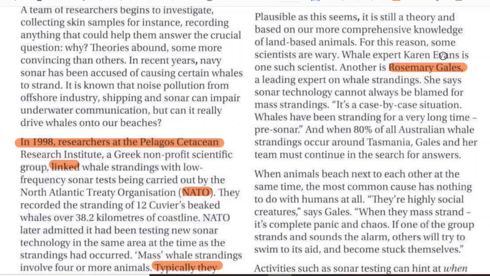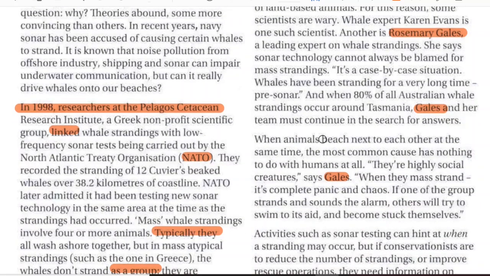So here we have Rosemary Gales. We have Gales here. Gales and her team must continue in the search for answers. And we also have the keyword Gales in this sentence. So we are going to read the next paragraph. When animals beach, so beach here is used as a verb, which means stranding.